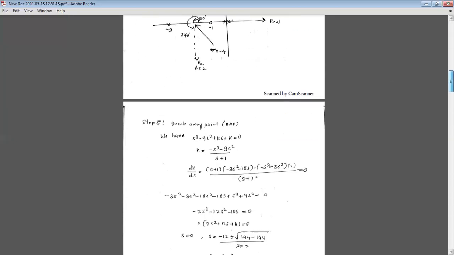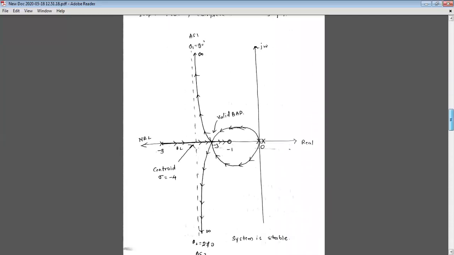Similarly, these poles will try to reach the zeros at infinity, meaning they will not traverse in this way. Why? Because this is the NRL region, right? So they will go like this and meet at the breakaway point. Similarly, one more pole will come in this way and meet at the breakaway point. After this, they will cross like this and follow this asymptote. This is asymptote one.